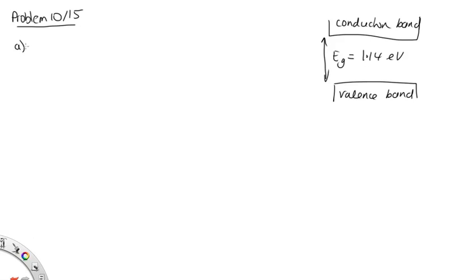We're asked, find the lowest frequency photon that will promote an electron from the valency band to the conduction band. So we have E is equal to hf is equal to the energy of the gap.